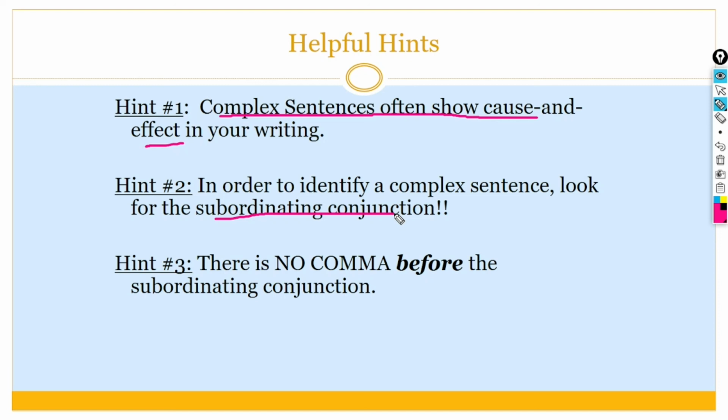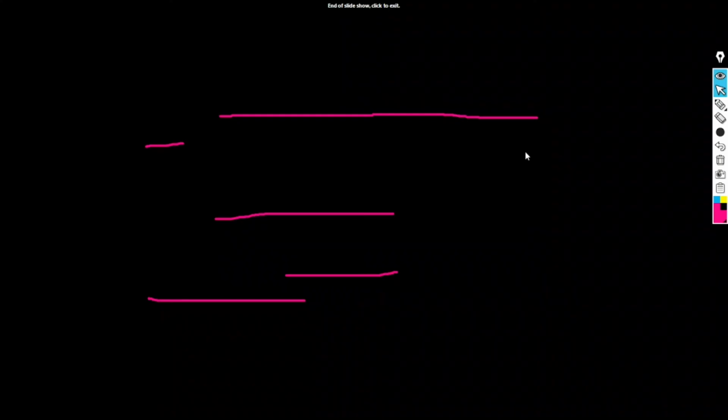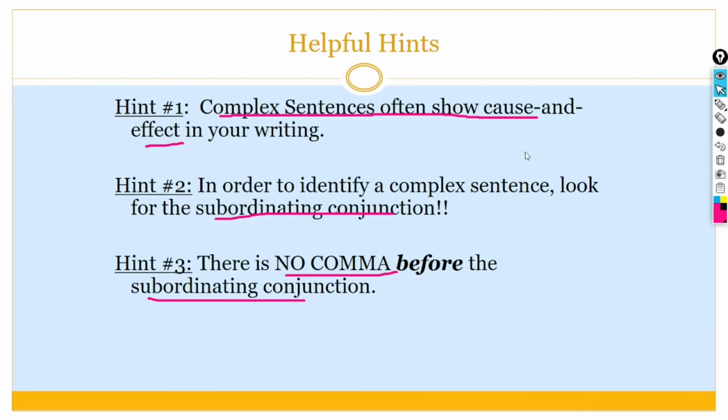If a subordinate conjunction has been used in the sentence, then you can predict that it is a complex sentence. And third, there is no comma before the subordinate conjunction in a complex sentence. So these are the three hints for complex sentences.